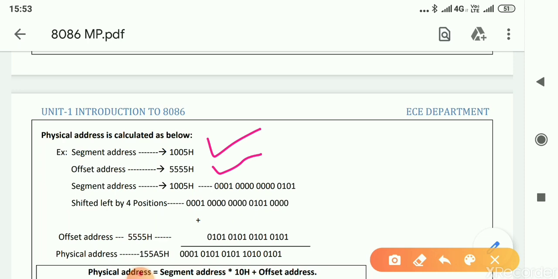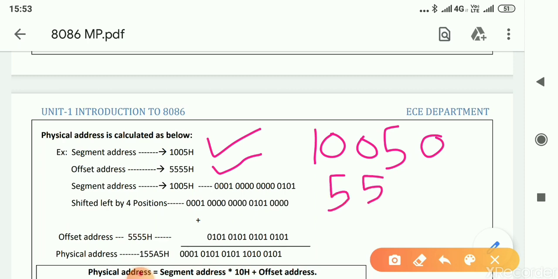You need to add 1 0 0 5, and at the LSB add 0 in hex, or if you are writing in binary add 4 zeros extending at the LSB, and then you need to add the offset address. The offset address is given as 5 5 5 5.